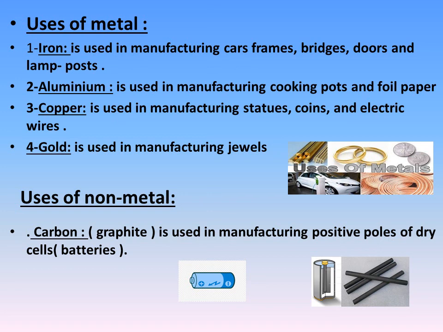Copper is used in manufacturing statues, coins, and electric wires. Gold is used in manufacturing jewels. Uses of non-metals. Carbon, graphite, is used in manufacturing positive poles of dry cells and batteries.